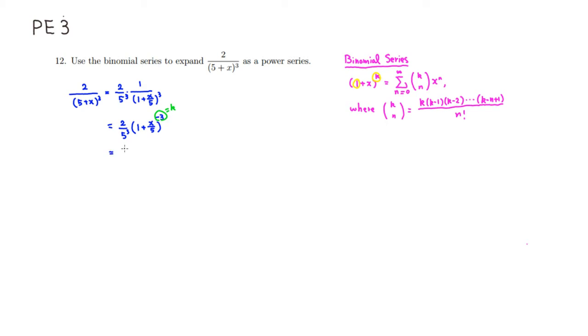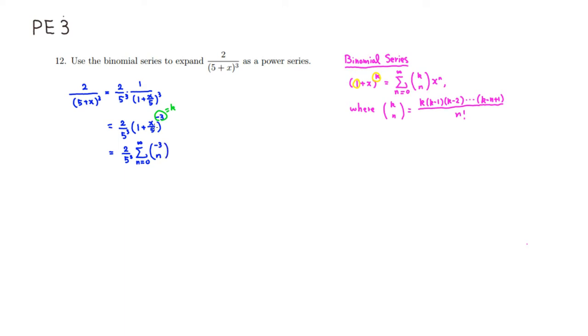2 over 5 cubed is just a constant multiple, so put it there. Then the binomial series is going to be a summation, n goes from 0 to infinity. The k value is negative 3, so the binomial coefficient is negative 3 choose n.